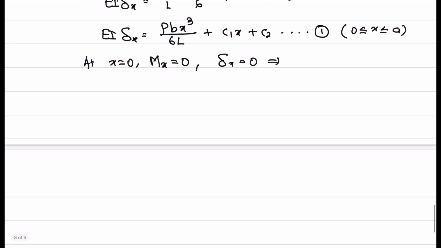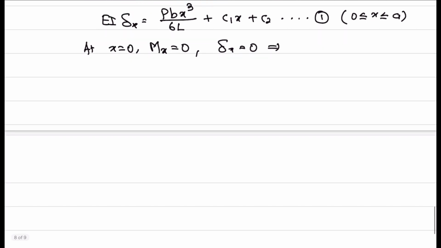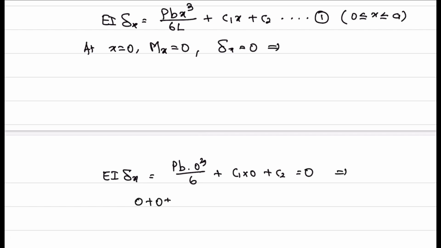Now what happens when you apply this in the equation 1? EI delta x is equal to PB, x is 0, 0 cube divided by 6 plus C1 into 0 plus C2. Because deflection is equal to 0, this will be 0 plus 0 plus C2 is equal to 0. That means the constant of integration C2 value is 0.